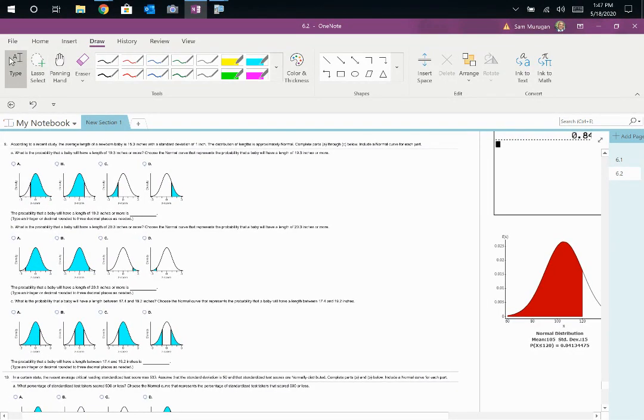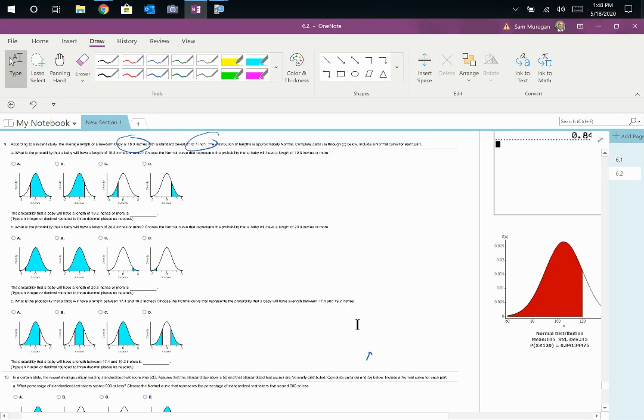According to a recent study, the average length of a newborn baby is 18.3 inches, standard deviation 1 inch. The distribution is approximately normal. What is the probability the baby will have a length of 19.3 or above?